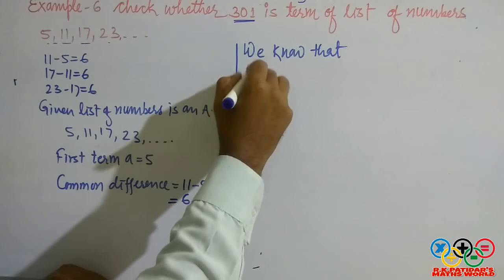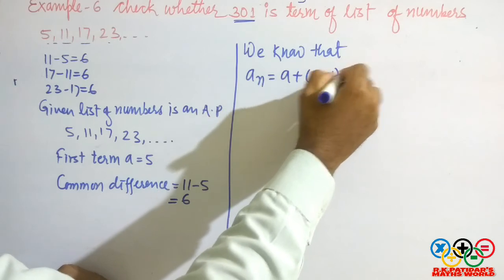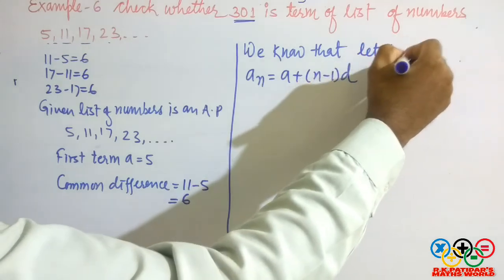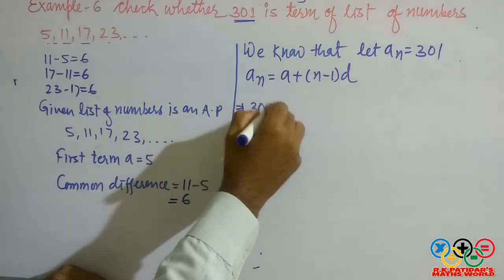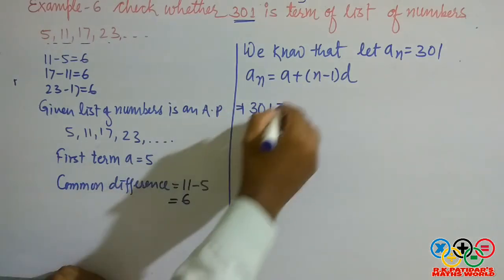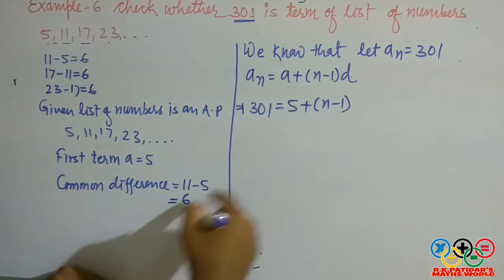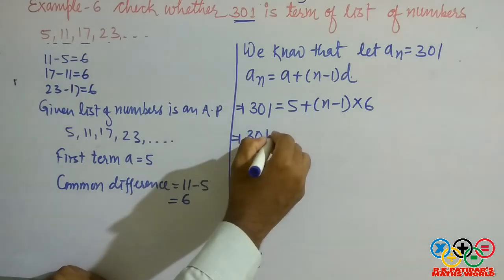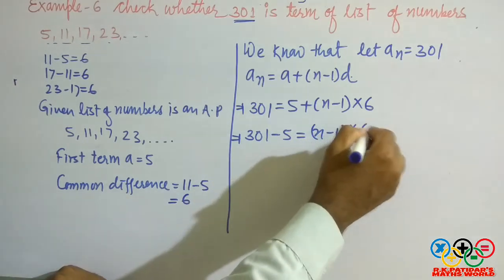We know that an is equal to a plus n minus 1 d. Here we assume let an is equal to 301. So हमने 301 को एक टर्म असयूम कर लिया। a is what? 5 plus n minus 1 into d. d is given, it is 6. So 301 minus 5 is equal to n minus 1 into 6.